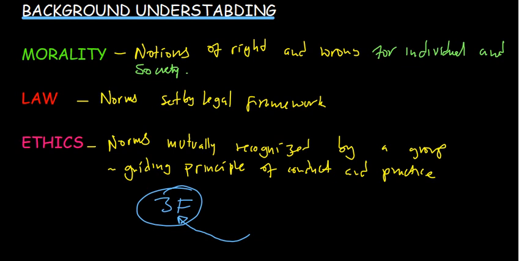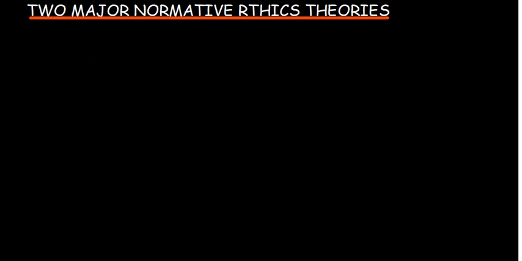Now we need to look at some major normative ethics theories. What are some theories which talk about the principles which guide the living of man? Remember, we're talking about ethics theories. So, two major normative ethics theories.